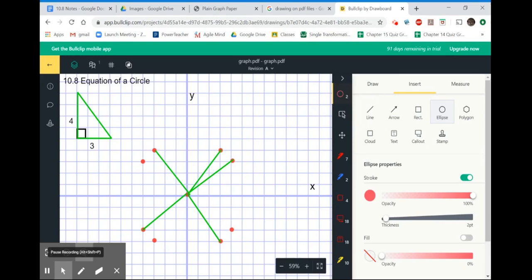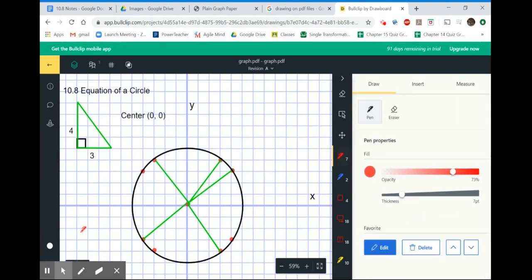So the question is, what is the relationship this point 0, 0 has with all of these other points that I put here? So I hope you were able to figure out that the relationship here is that 0, 0 is the center of a circle with a radius of 5 units. Okay, so you have a center of 0, 0 with a radius of 5 units.